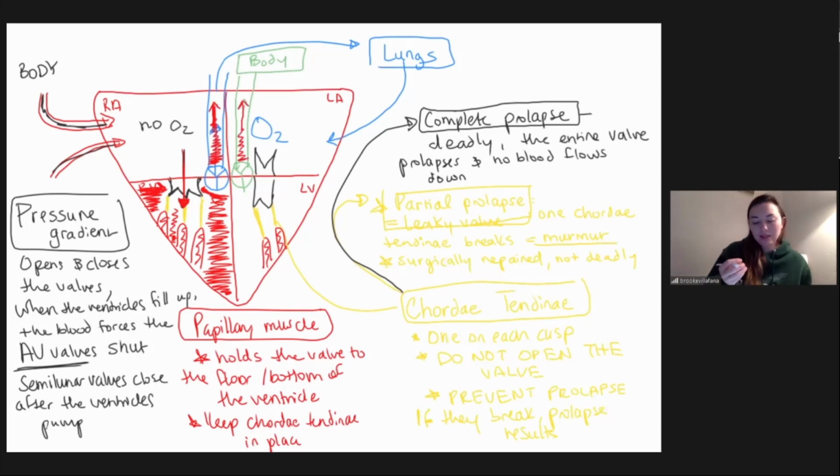And then essentially at the end, a little bit of blood falls back on the semilunar valves, a pressure gradient, and it closes the valve. So it's really the same exact principle for both. They open and close based on a pressure gradient. So on the test, you're not going to answer that the chordae tendineae open the valve. You're going to answer that the pressure of blood opens and closes the valves.